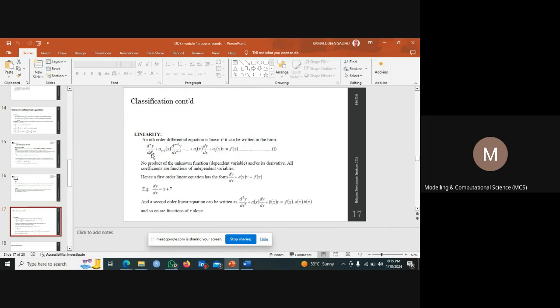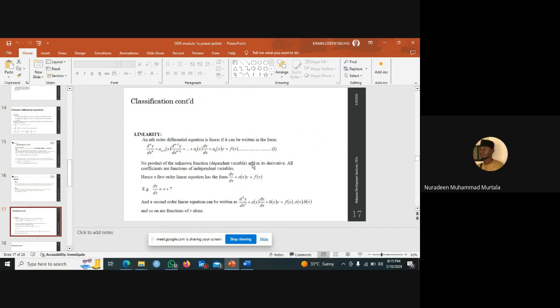You have your coefficients, look at them here: a subscript n minus 1 of x, down to a1, a naught, and so on. You have y as your dependent variable and x as your independent variable.